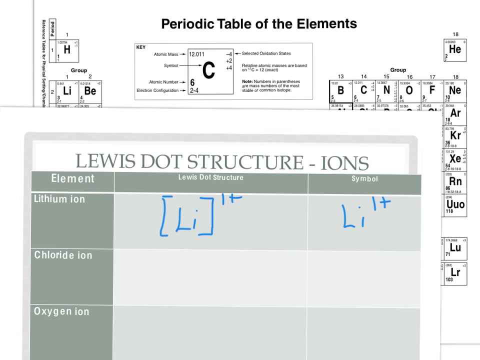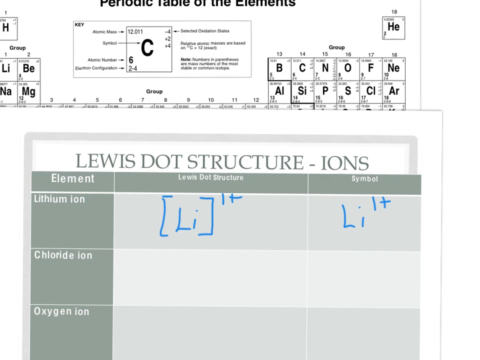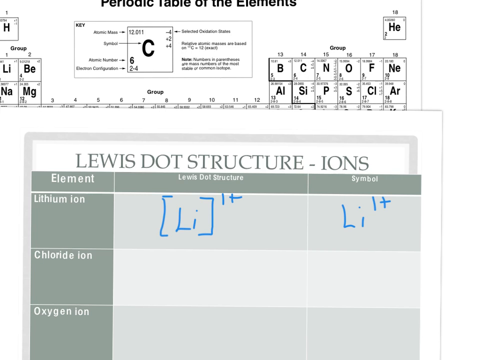Okay, so chlorine, as we can see, has a 2-8-7 electron configuration. That means it has 7 electrons currently in the outermost shell. That means it wants to gain 1 more electron to complete the octet.